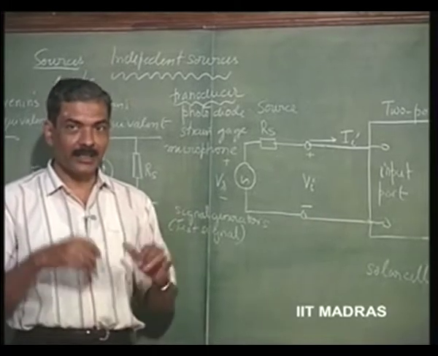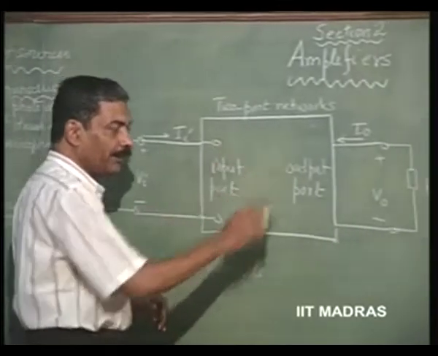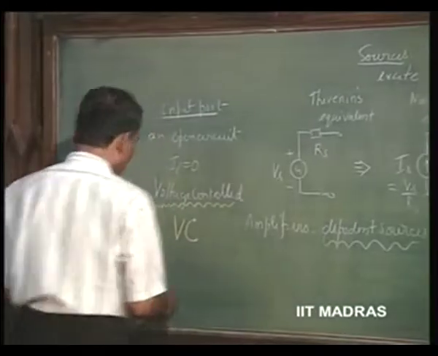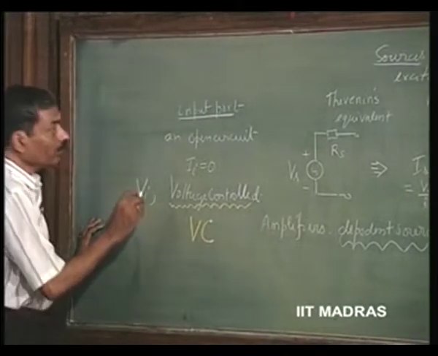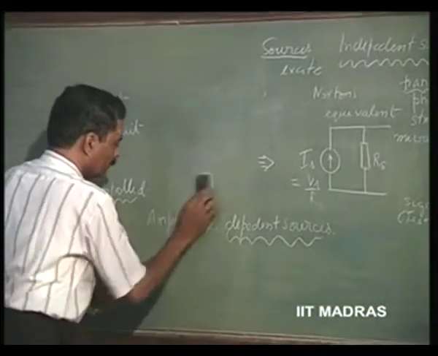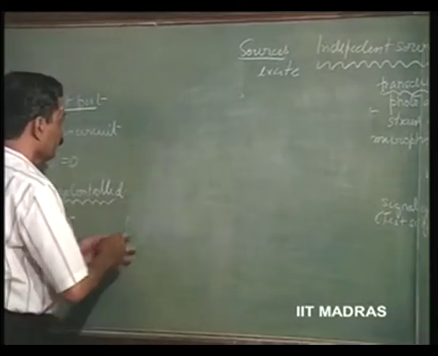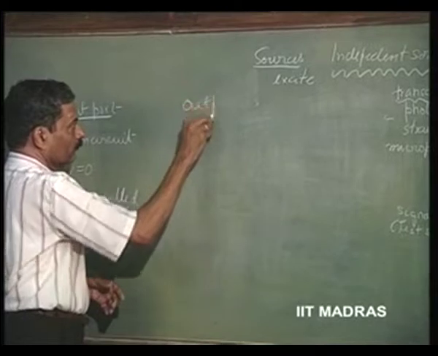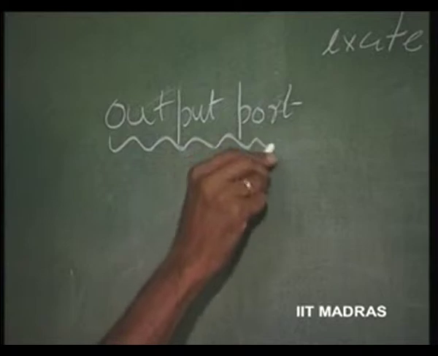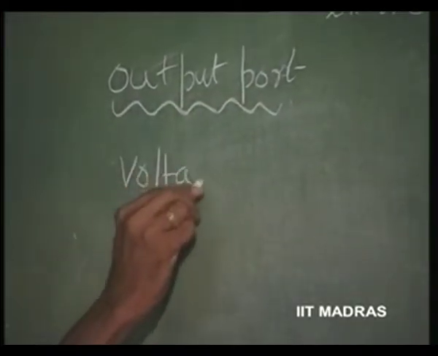Let us consider again an ideal situation here, one of those where output voltage is dependent upon input voltage. So, we will now say that output port is going to be a voltage source, ideal.